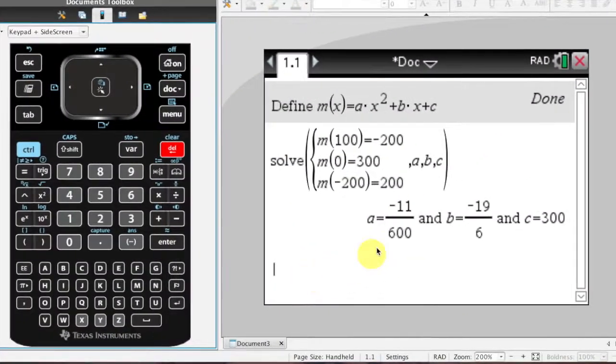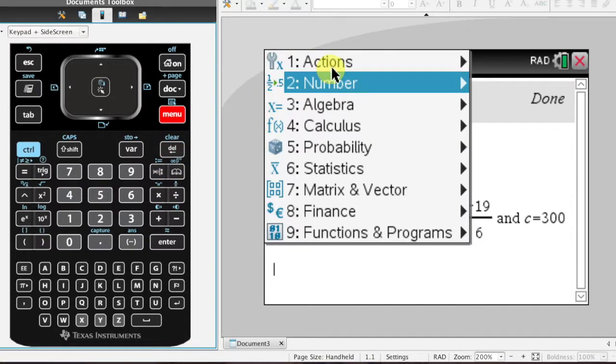So I'm now going to work with those solutions and create another function with those in it, which will be m of x, but not with the a, b, and c, with what they actually are. And I'll graph that and work with that for part C. So I'm just going to define another function, so menu, actions, define.